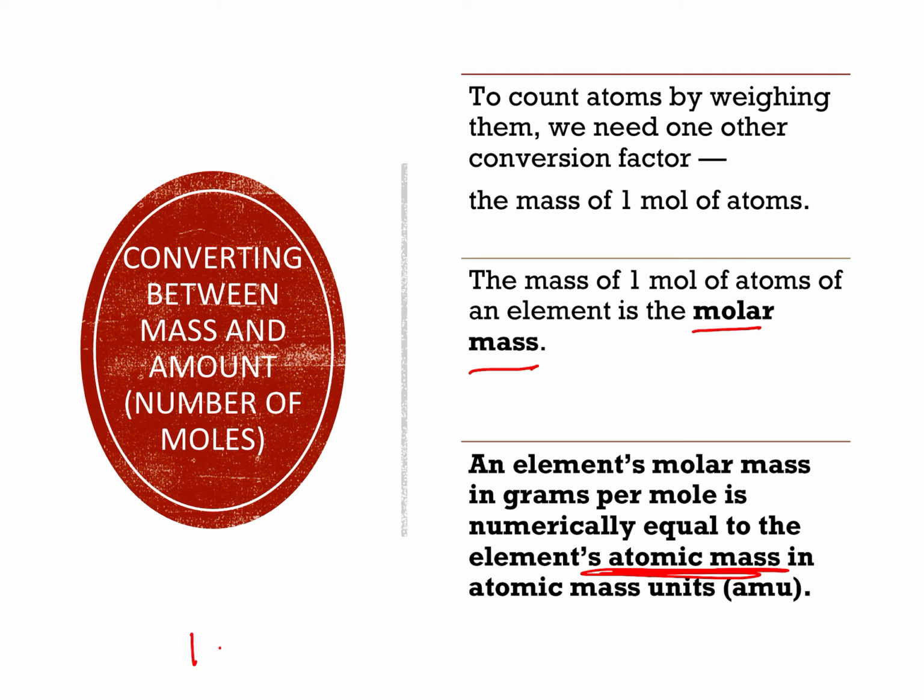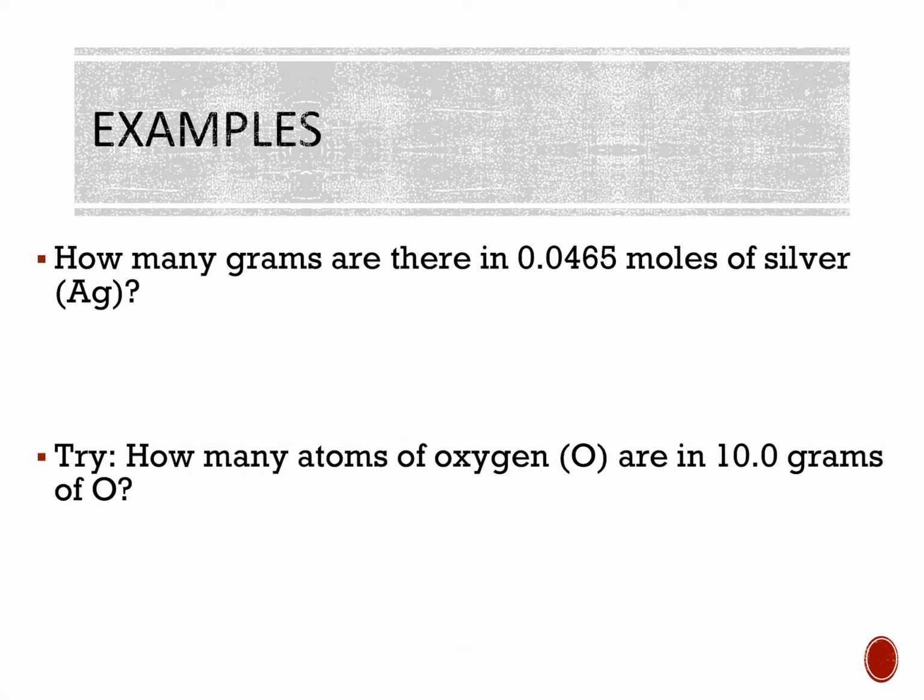So like if we think about carbon, the mass of 1 mole of carbon is going to be the mass on the periodic table, which is 12.011 grams of carbon. Okay, so this is going to be really, really helpful. The mass of that element on the periodic table is equal to 1 mole. So let's see how to use this.